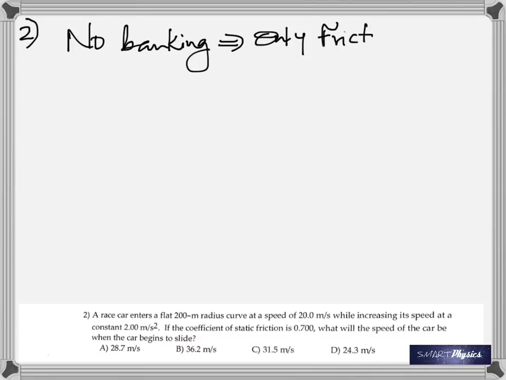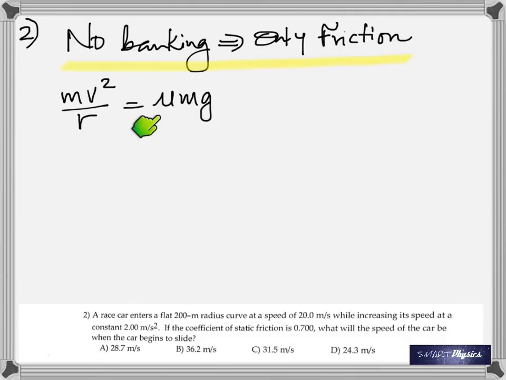The centripetal force is given by mv squared by r, and friction is mu mg. On a flat surface, the normal reaction is equal to mg, isn't it? And friction is mu times Fn, so I've put mu mg, because Fn is equal to mg.